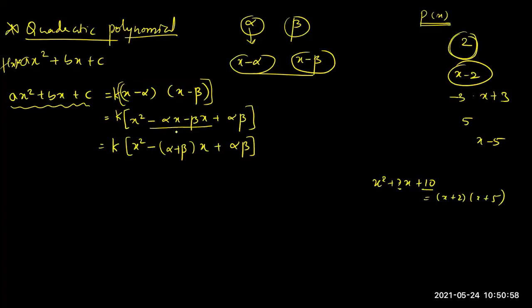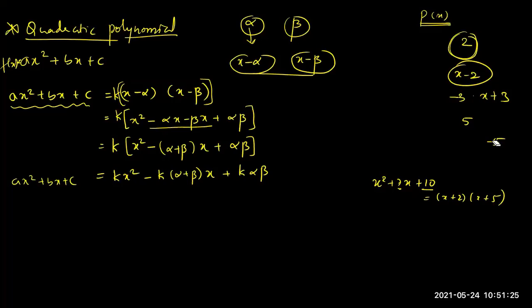So k I will multiply inside now: kx square minus k into alpha plus beta x plus k alpha beta. Please mute yourself. And then here ax square plus bx plus c.